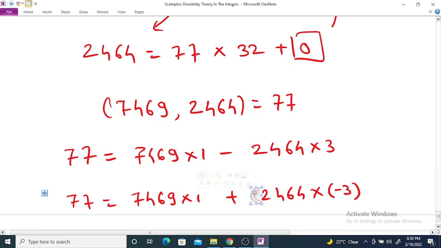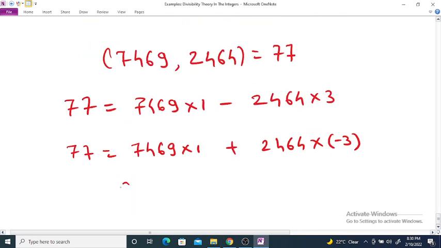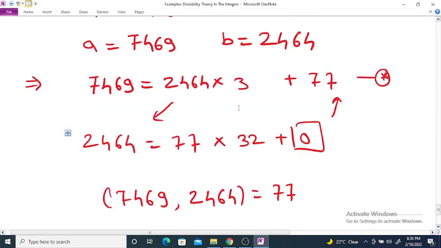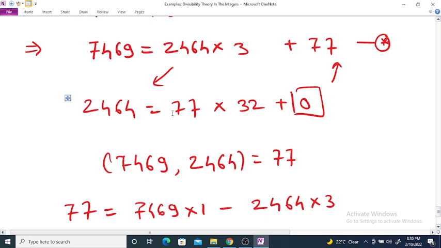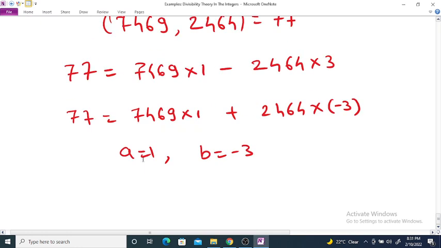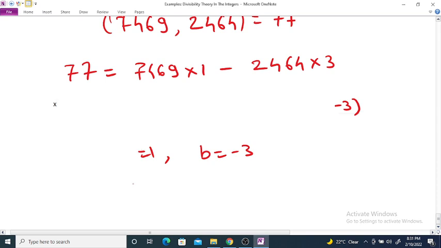If we compare this equation with d equal to ax plus by, then x is equal to 1 and y is equal to minus 3.